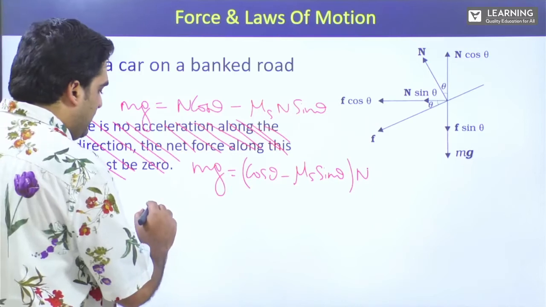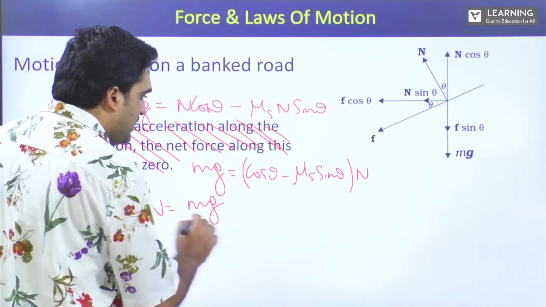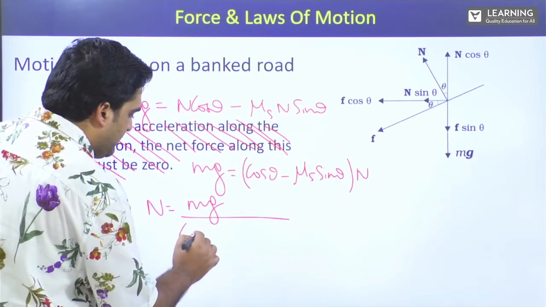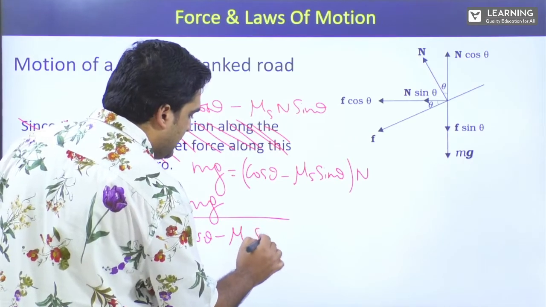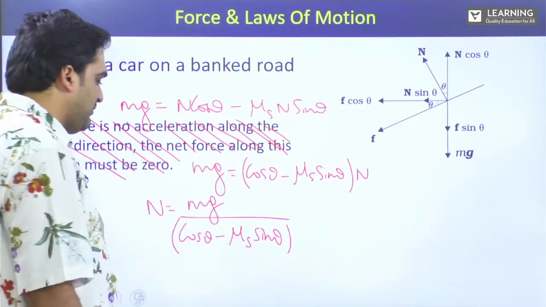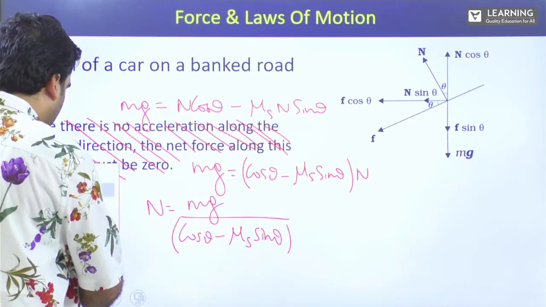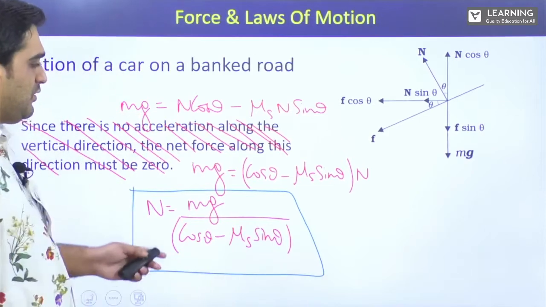So what should n be equal to? n should be equal to mg divided by cos theta minus mu s sine theta. Good. So now we have obtained this normal force.